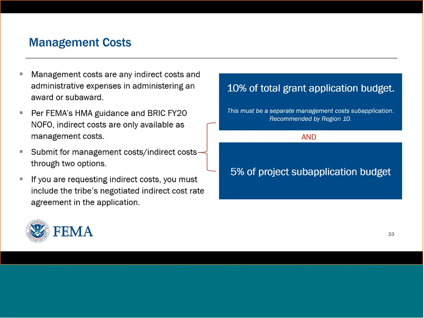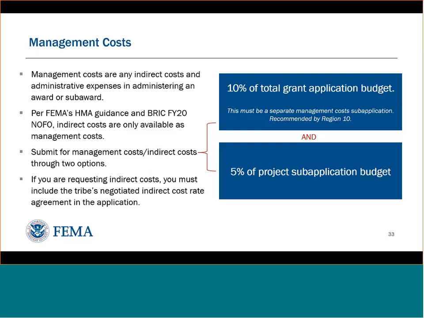You can also submit for management costs within an actual planning or project sub-application itself, and if you do that, it would be its own cost line item in the budget in FEMA Go, and it's 5% of the project or planning sub-application budget.